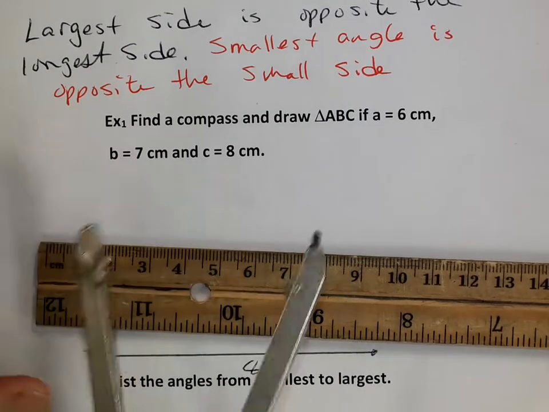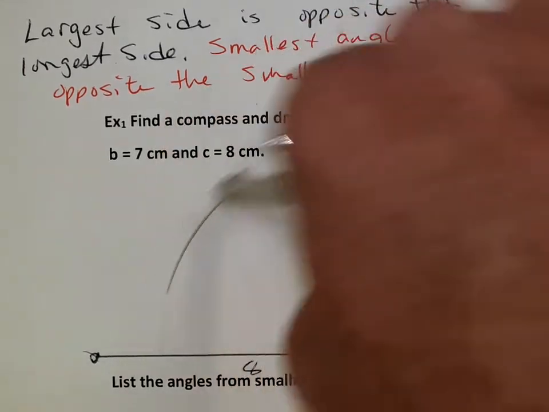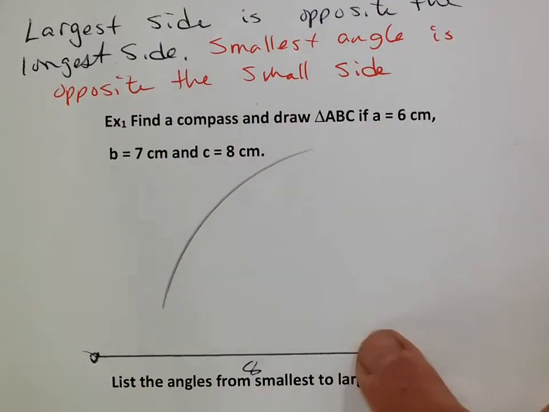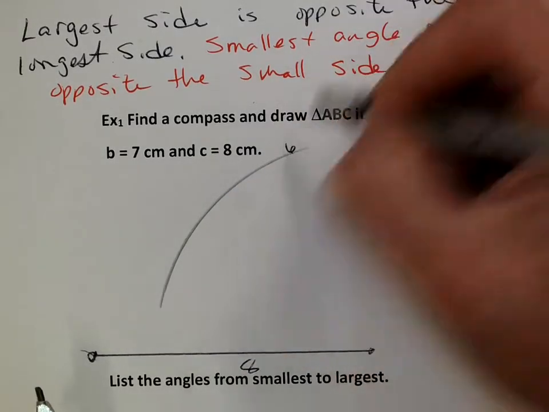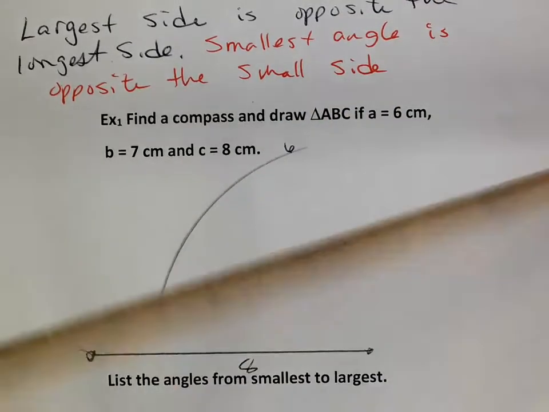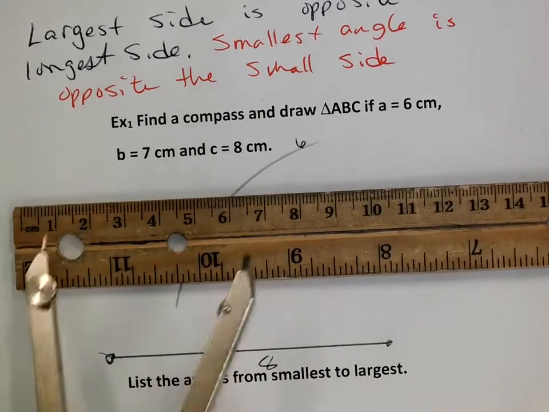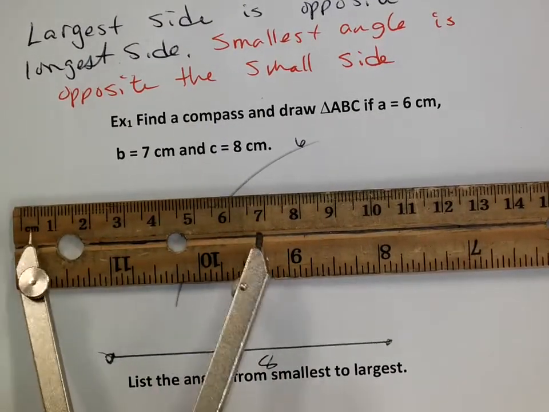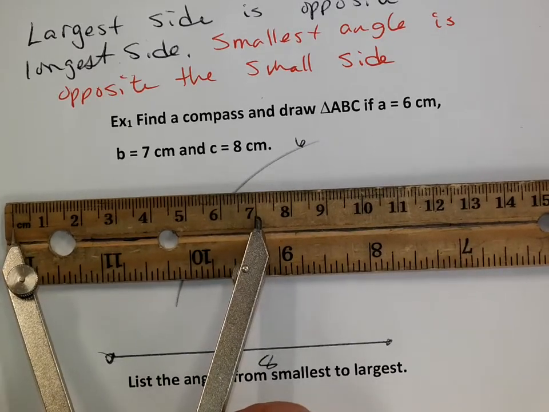So I know this length is 6, right? From here to here is 6 for sure. And then if I make the other one 7, I can just get my ruler out again. It's kind of a cool way to do this, I think. This one's 7.